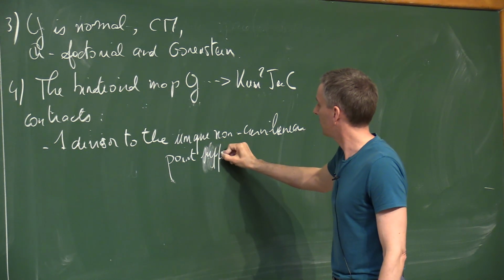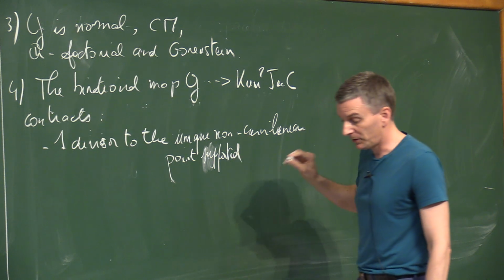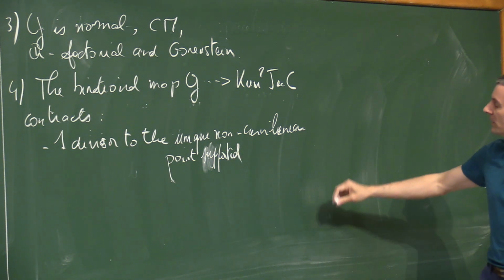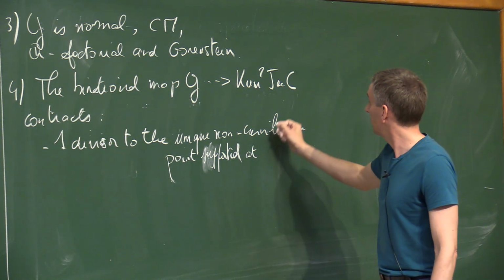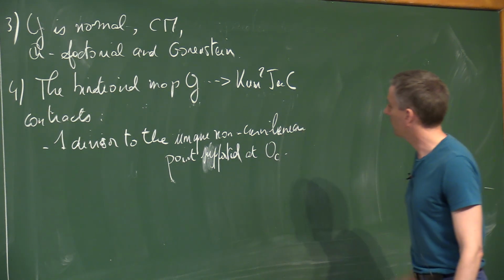It is the special point, the vertex of the Briançon variety that parameterizes subschemes supported at the origin.